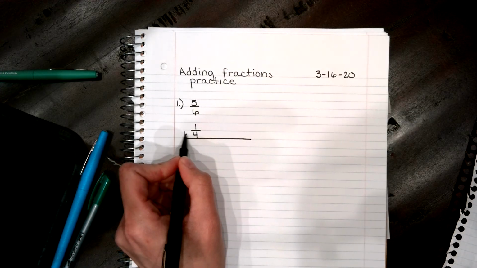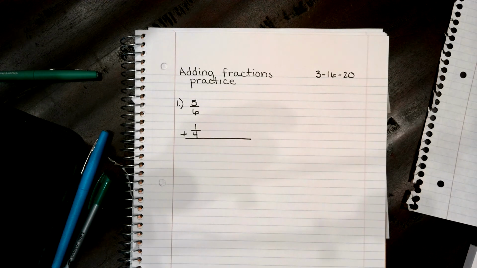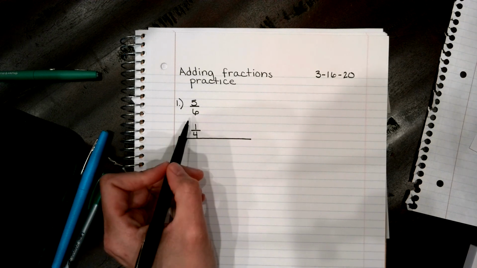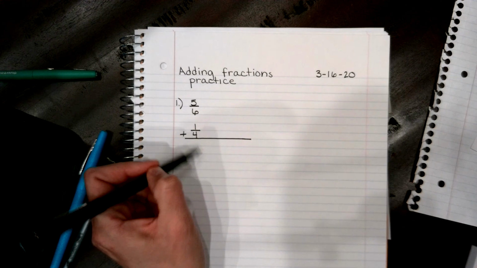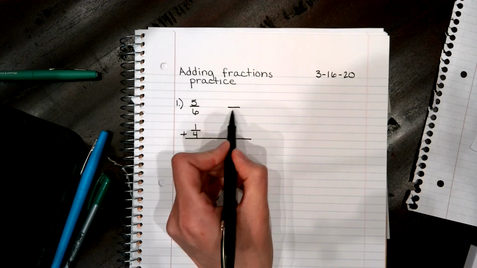Okay, one of the ways that we've been practicing how to add fractions with unlike denominators is just to take your 2 denominators and multiply them together. So 6 times 4 is 24.